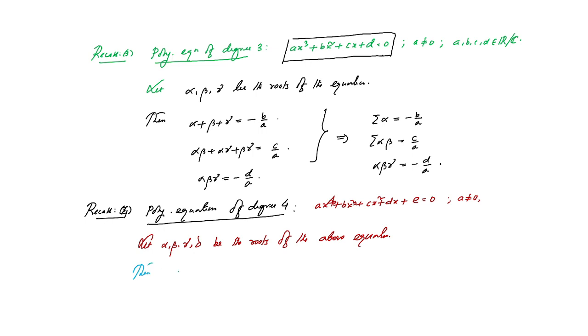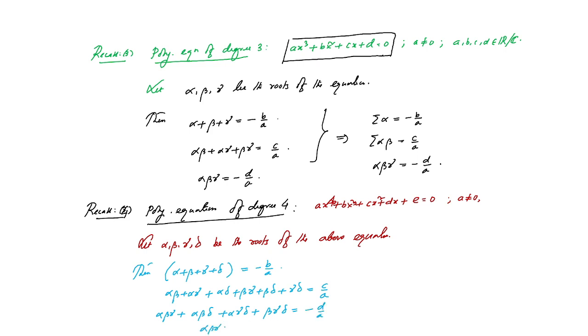So then alpha plus beta plus gamma plus delta will be minus b by a; alpha beta, alpha gamma, alpha delta, beta gamma, beta delta, gamma delta will be c by a; alpha beta gamma, alpha beta delta, alpha gamma delta, beta gamma delta will be minus d by a; and alpha beta gamma delta will be e by a.